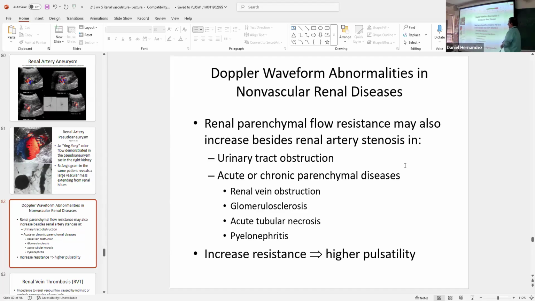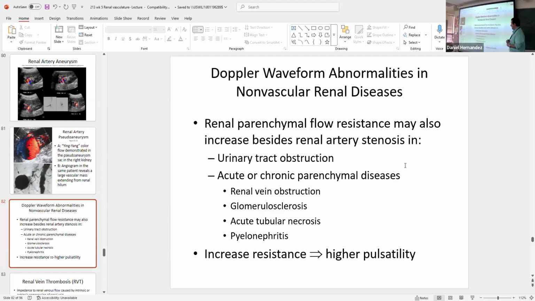That means we can have increased resistive indices and issues with our arterial flow when patients have things like urinary tract obstructions. So anyone who potentially might have a kidney stone obstructing the flow of urine and leading to hydronephrosis. They can have acute or chronic parenchymal disease, or tissue disease of the kidney.